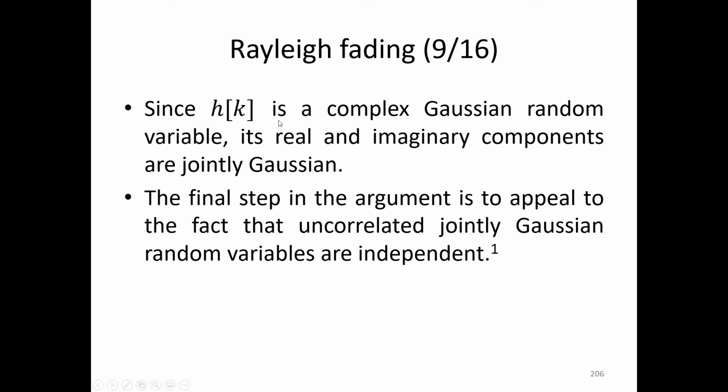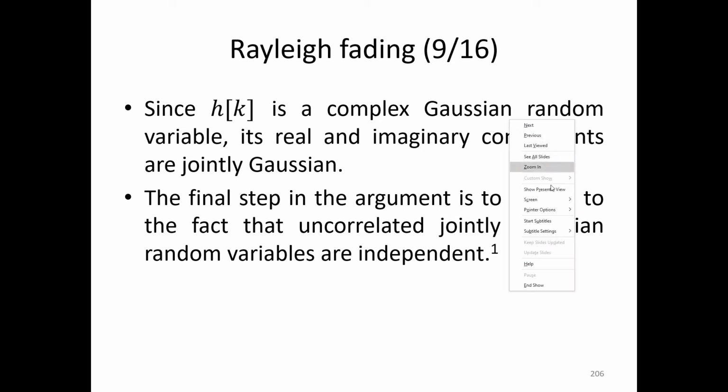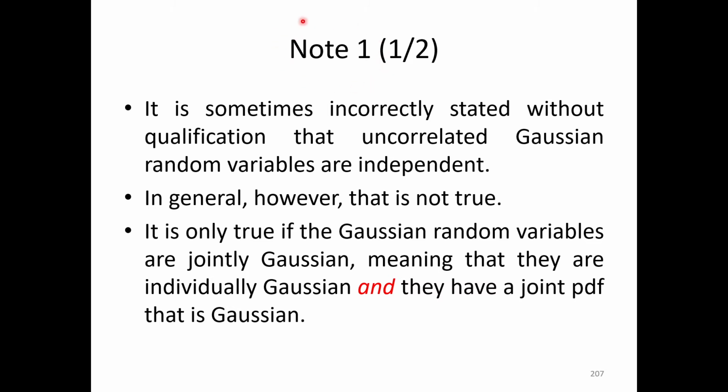The final step in the argument is to appeal to the fact that uncorrelated jointly Gaussian random variables are independent. Okay, here is the note 1. Okay, let us look at note 1.